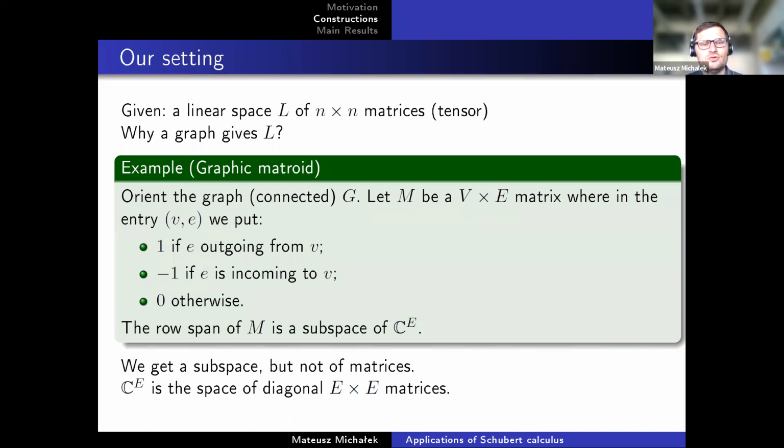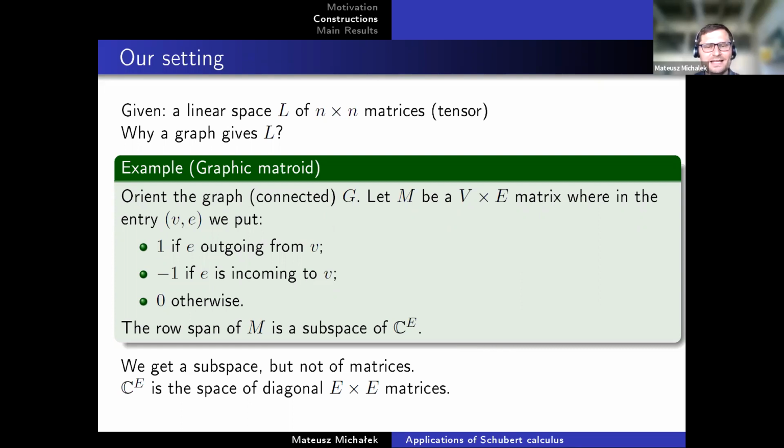This goes under the representation of a graphic matroid, for people who like matroids. So I somehow encoded my graph as a subspace of a vector space with distinguished bases. This is simply C to the number of edges. Well, still not a space of n by n matrices, but I claim that in this special instance, we will just have diagonal matrices, and I should look at my C^E as an n-dimensional space.